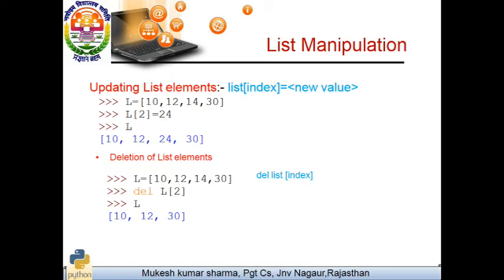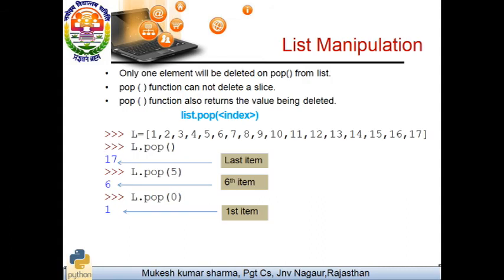If we want to delete any element in the list, we will use the del statement to delete the element. Now we will see the pop function of list manipulation. Only one element will be deleted by the pop function from the list. Pop function cannot delete a slice.